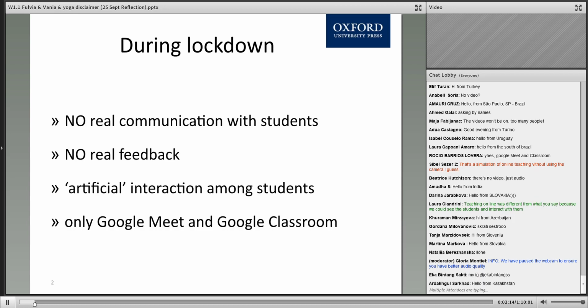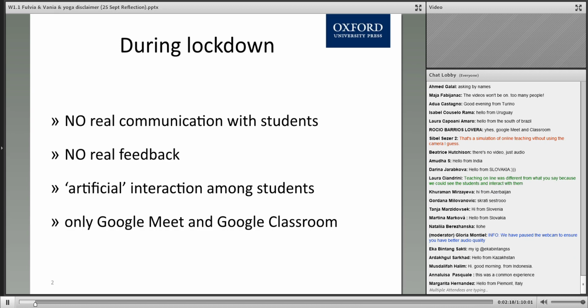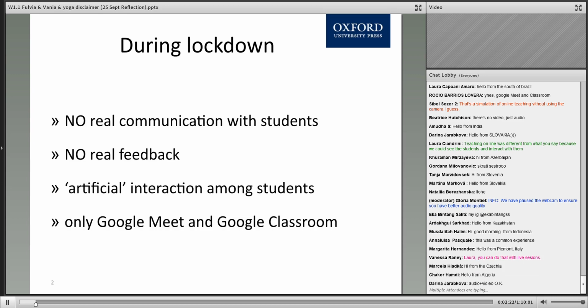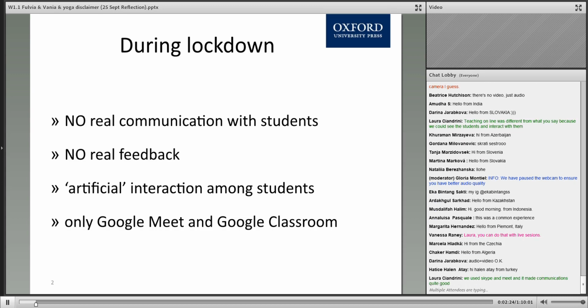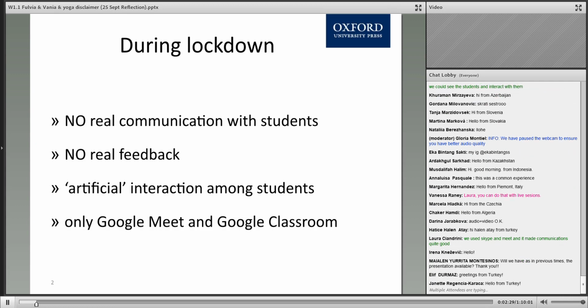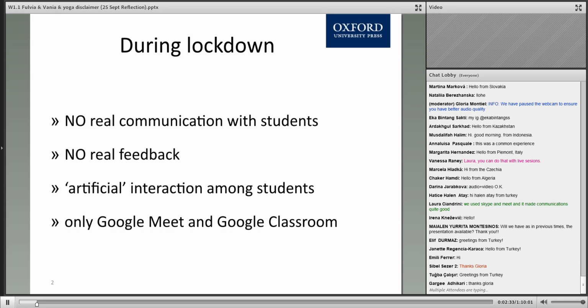Also, the interaction between the students has to be artificial. We could practice a speaking session, for example, to get ready for First Certificate, Cambridge First Certificate, but it was not the same. We could just rely on technology.